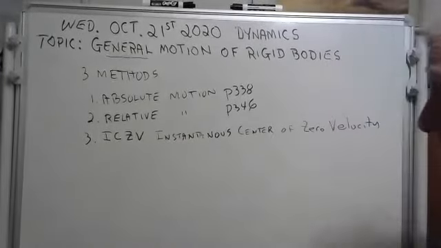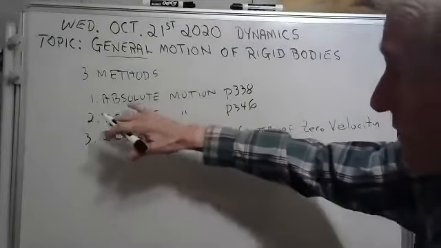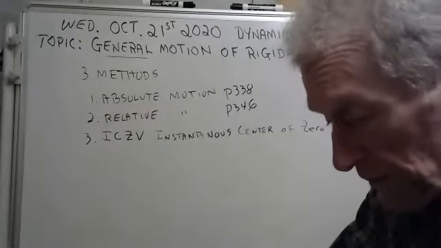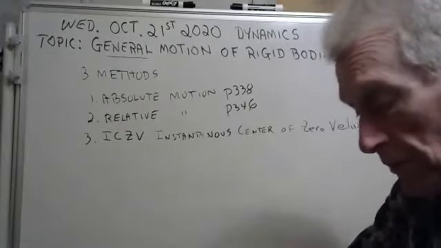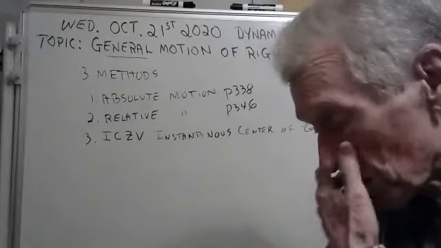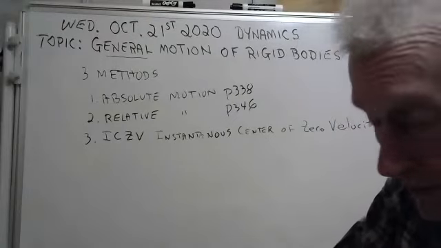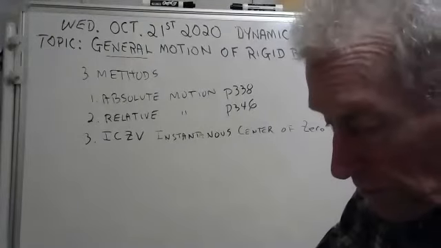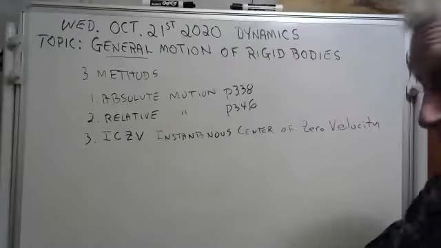Now, of these 3 methods, I think the absolute method is the most difficult, but it has an advantage because you come up with an equation that you can program your calculator with. Once you figure out the equation, you can just plug in the number and push a button and get your answer. So that's nice.